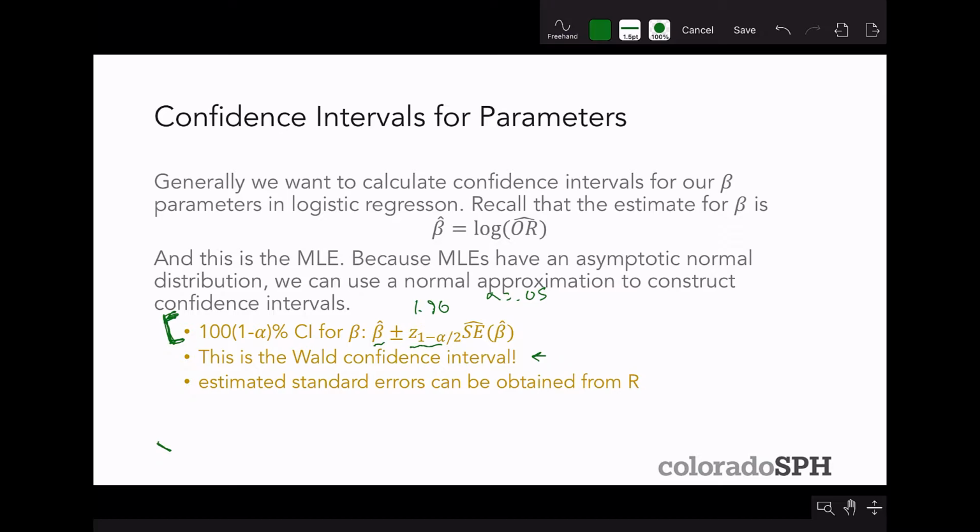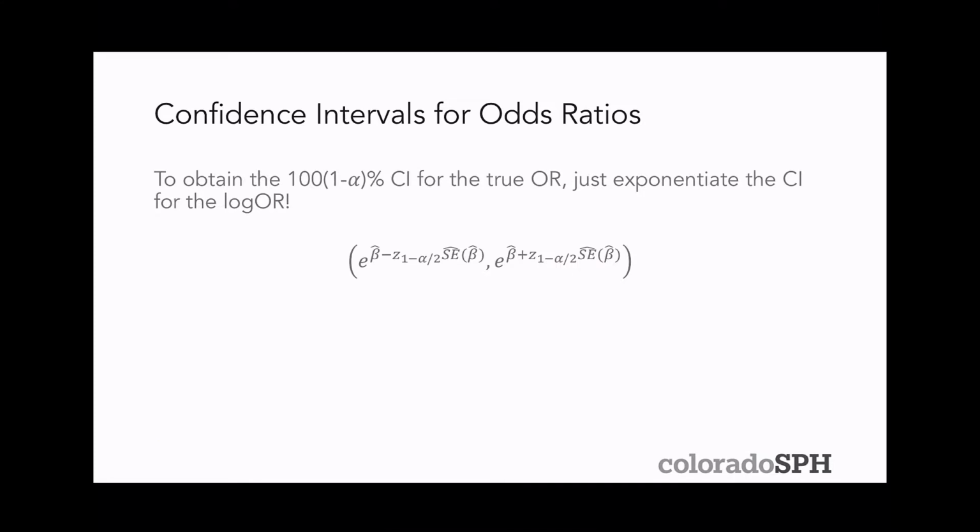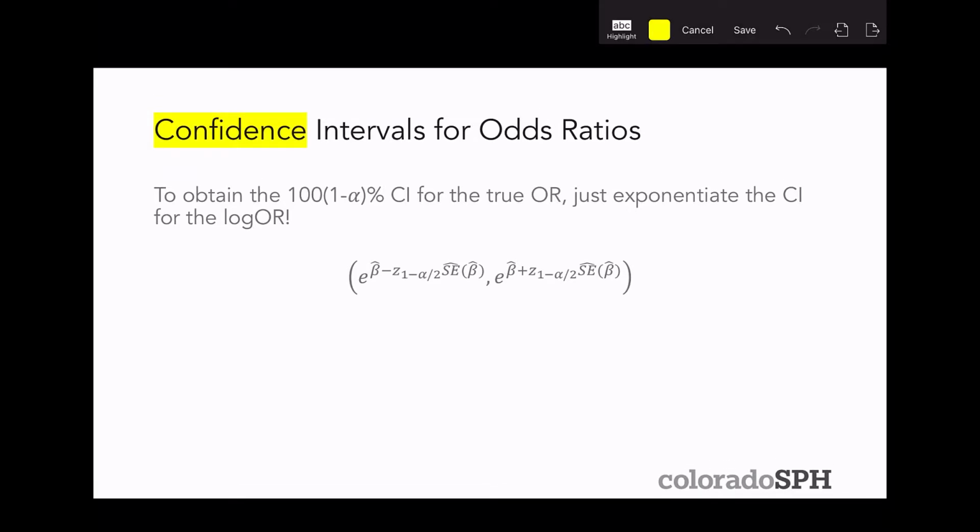So if you want to construct this confidence interval, where do you get these standard errors? Well, they can be obtained in R, just like you can get estimates for your beta hat itself. So the previous slide gave you a confidence interval for the log odds ratio.